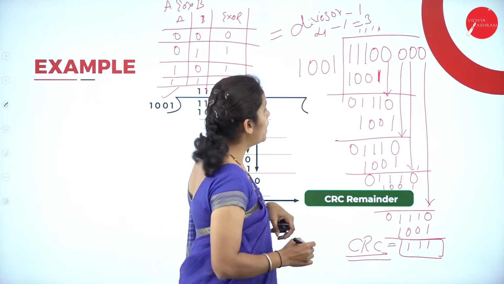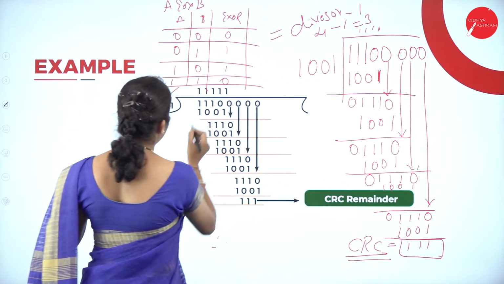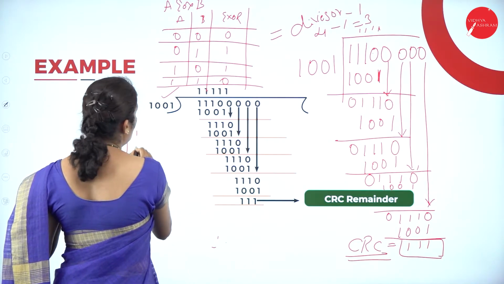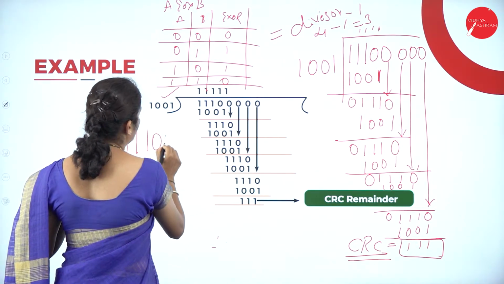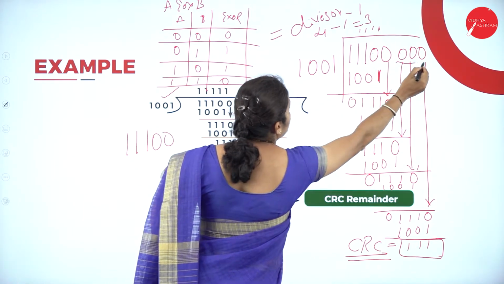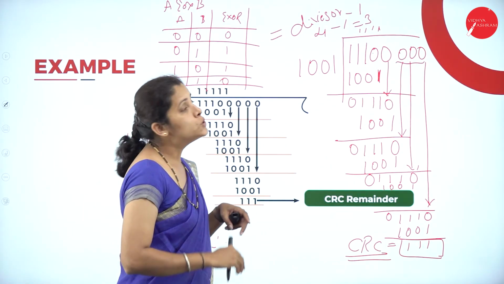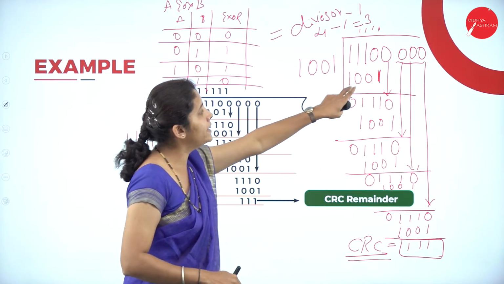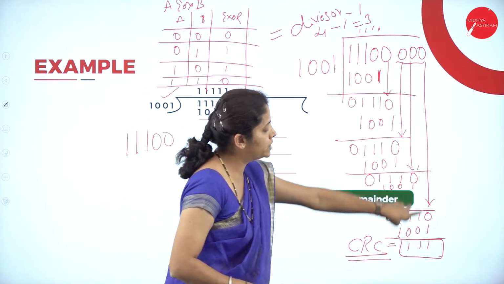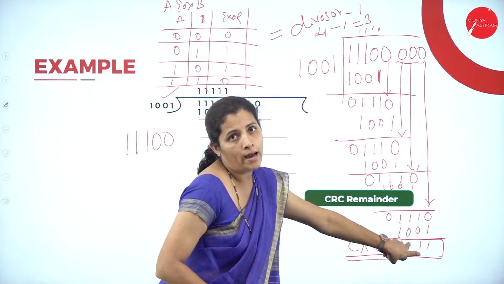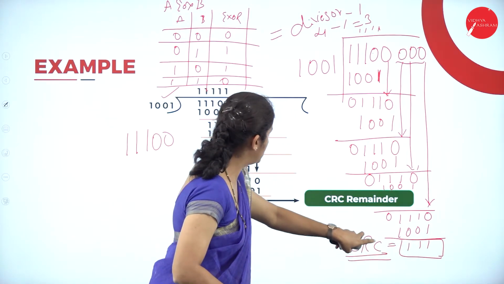What is my data here? 1 1 1 0 0, and these three are my appended bits. Now I am going to replace these appended bits with my new CRC value.